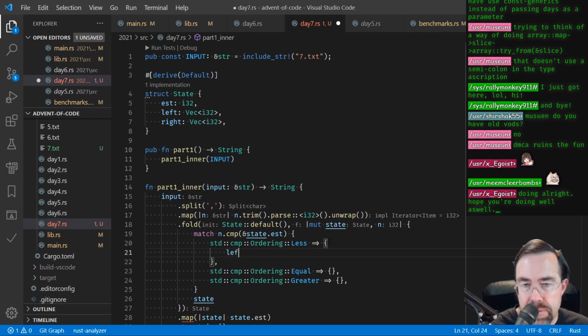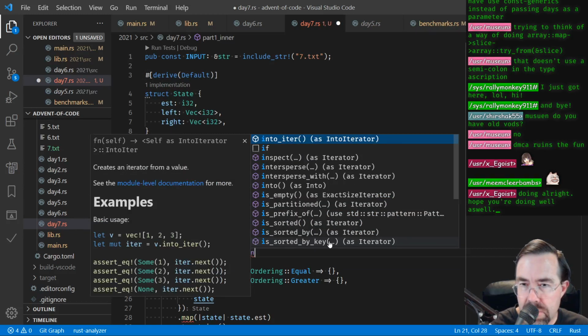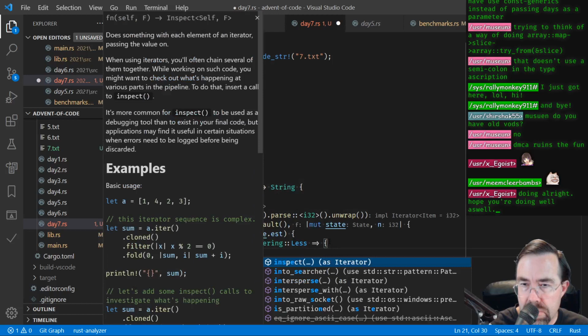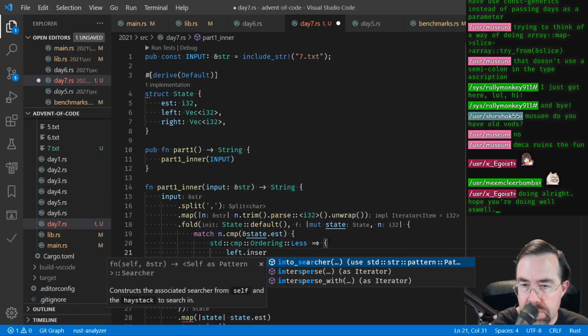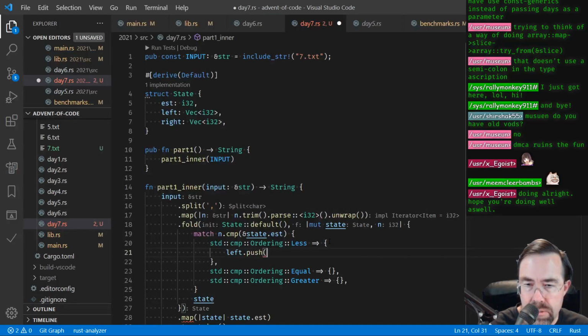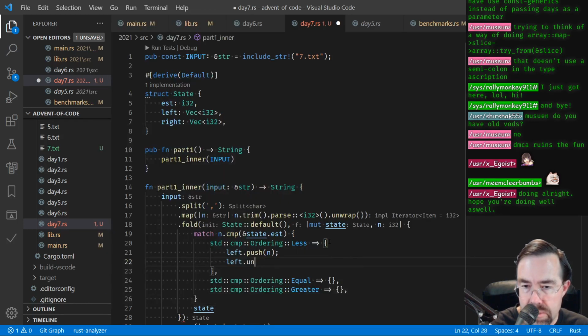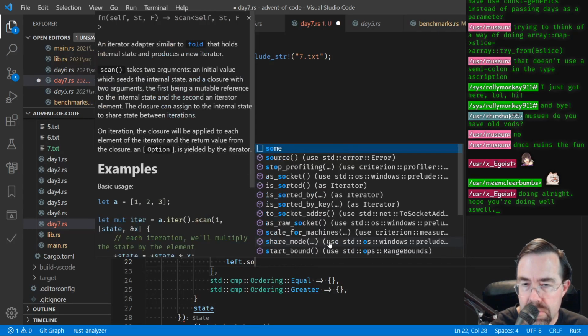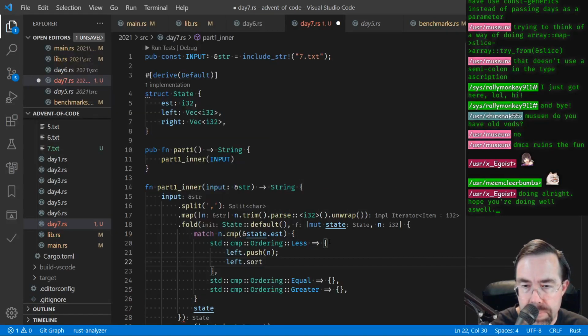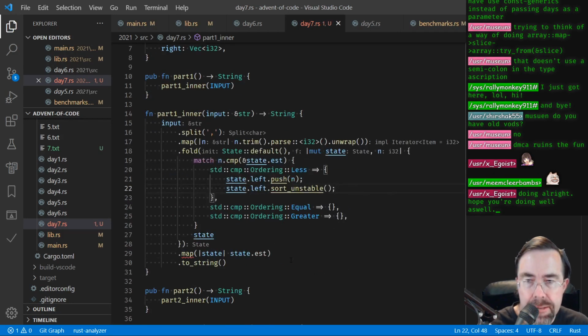I can just say left.push. Can I say insert sorted? We'll just push it, and then left.sort_unstable. I know why, because I need to put state dot in front.